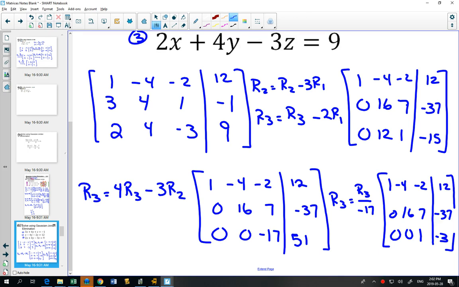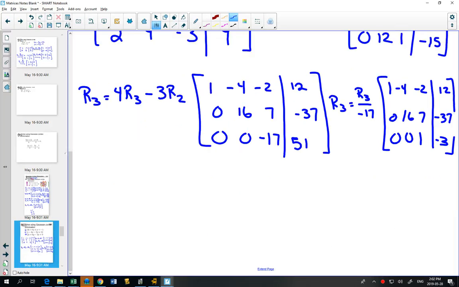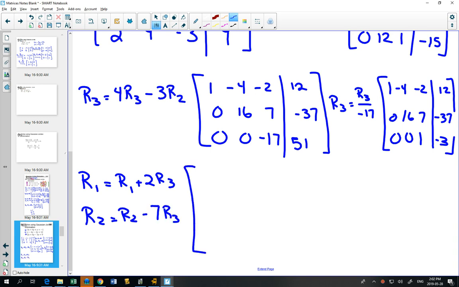And now we've successfully got that 1 in the bottom right-hand corner. Now I can get the next column of zeros. So I'm going to change row 1 to equal row 1 plus 2 row 3s. And I'm going to change row 2 to equal row 2 minus 7 row 3s.